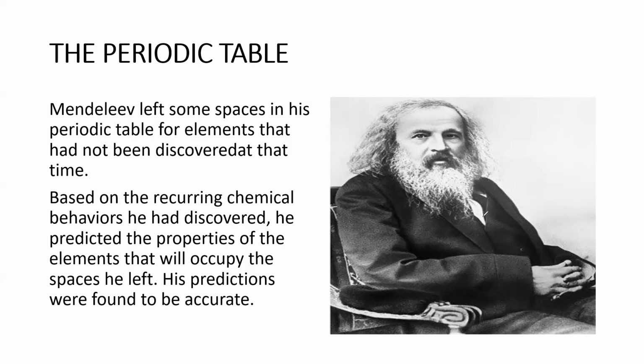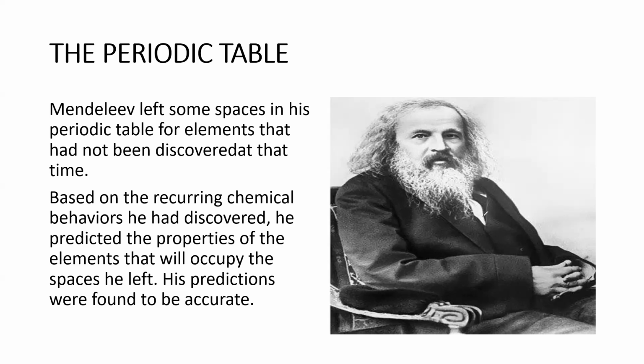So there were gaps in his table, but these gaps were eventually filled. The elements were discovered, and up to 85% accurate, what he predicted were found with these elements. So all those predictions he made about these elements, that they will react with water, or they will not react with water, up to 85% accuracy was found.